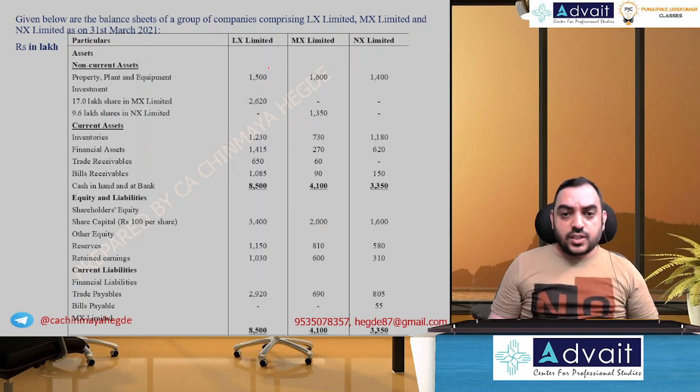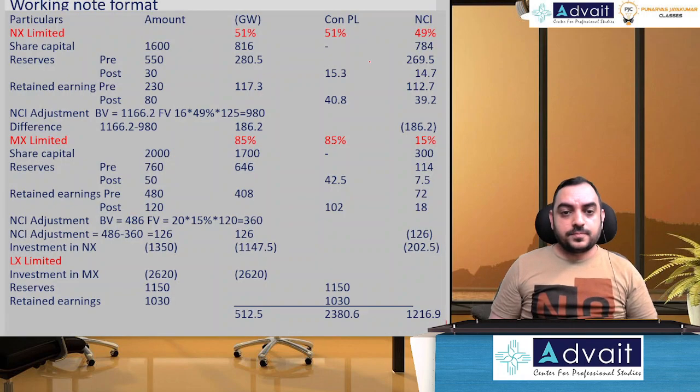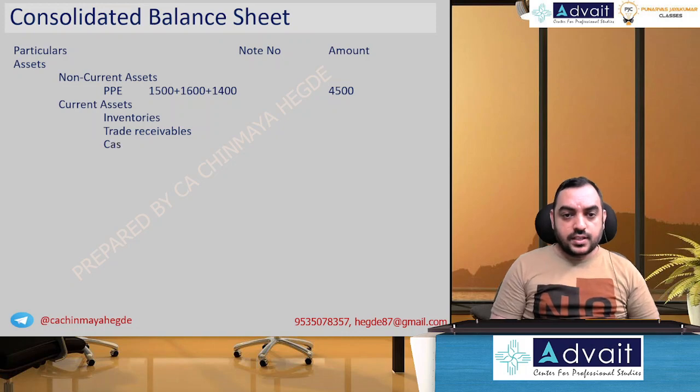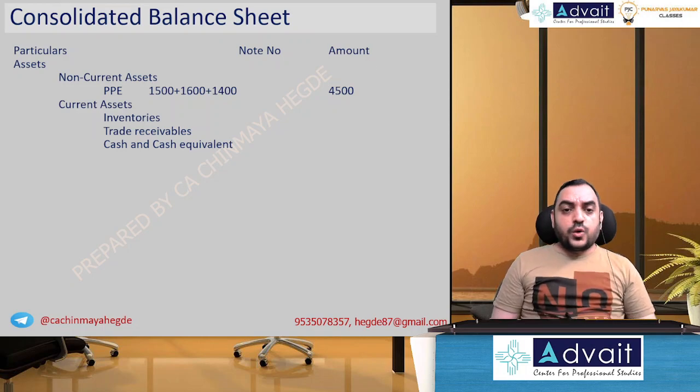No adjustments. 1500, 1600, 1400. So 4500, amount in rupees lakhs. No intangible assets. Current assets. We have inventories. Please write the financial assets along in the balance sheet. I just write directly trade receivables, cash and cash equivalents. Inventories, no adjustment, simple addition.